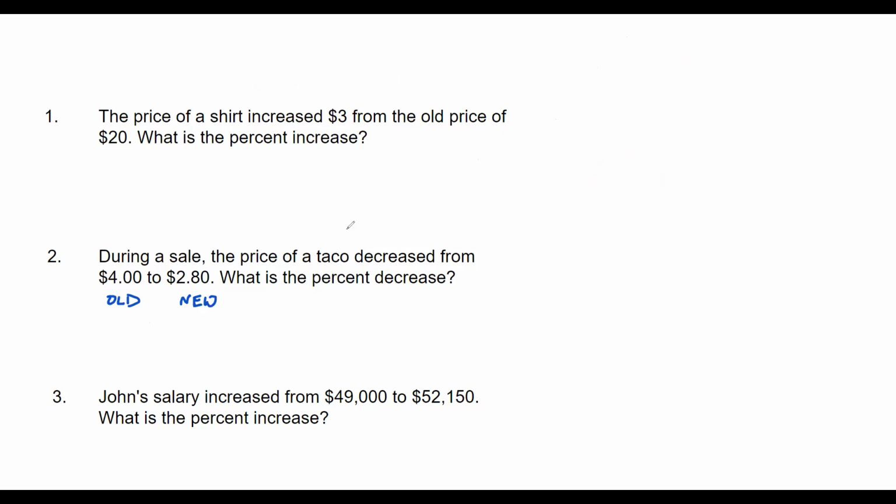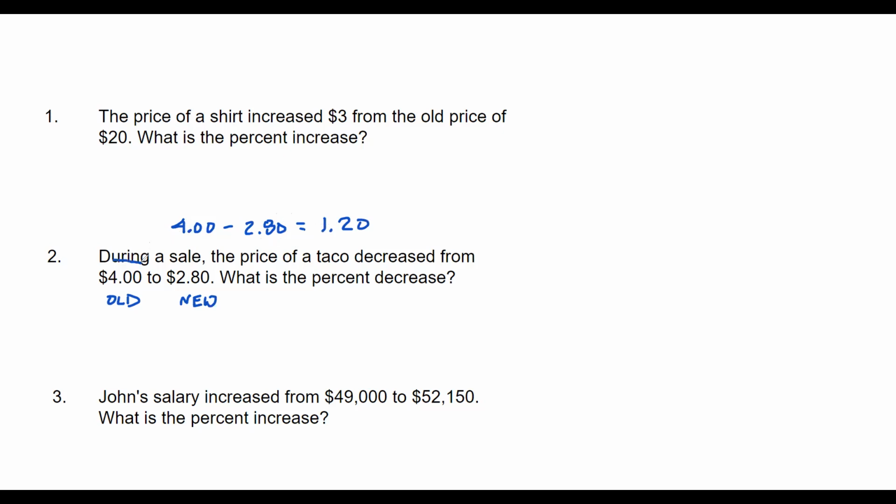So we have to subtract to find the amount of the decrease. 4 minus 2.80. When you do this, it's generally a good idea to just subtract the smaller number from the larger number. We're not worried about the sign. If you were to get a negative number here, just ignore it. It changed by $1.20. It went down by $1.20.